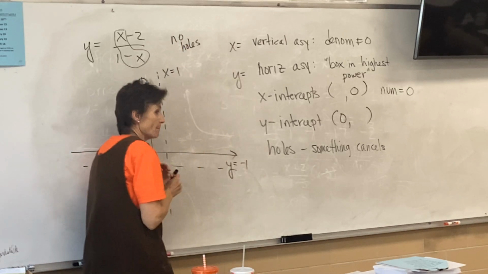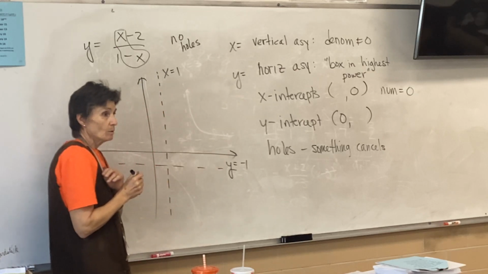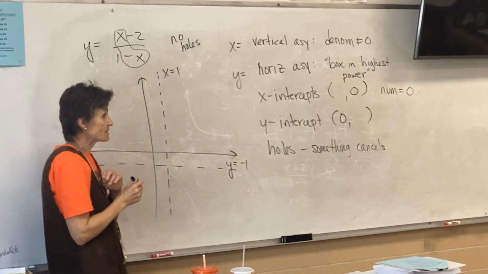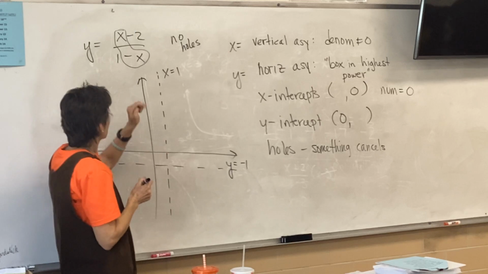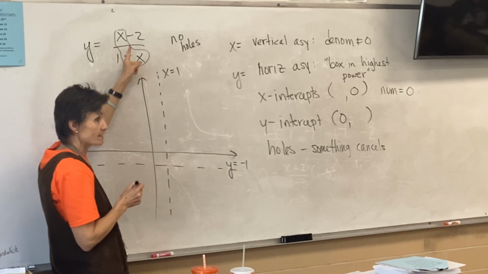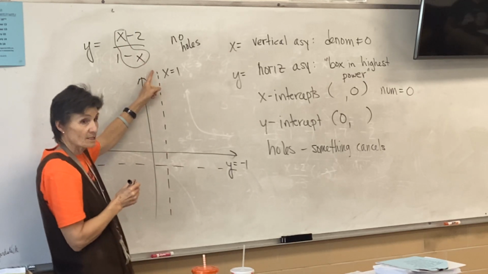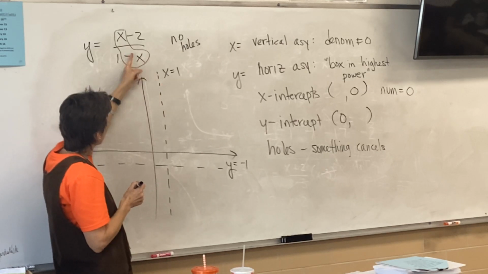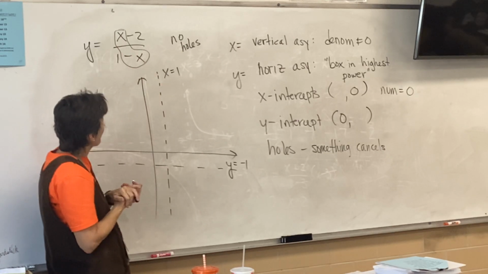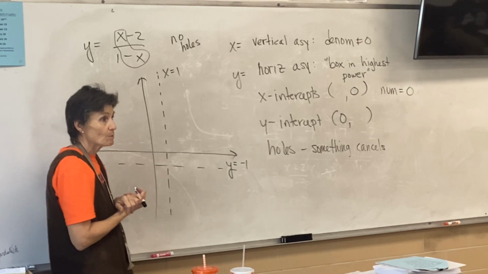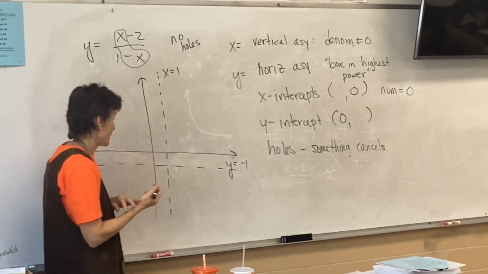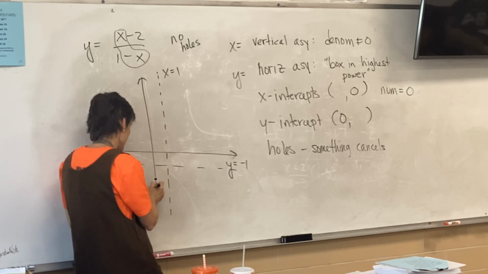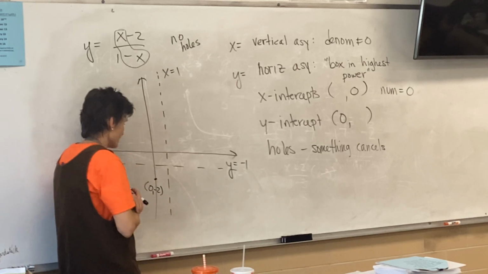What about our intercepts? Well, the easiest one for me is just to put in zeros for the x's. This will be my y-intercept. So if I put in zeros for my x's, what do I get for y? If I put 0 in for x, -2. So 0, -2, there it is.